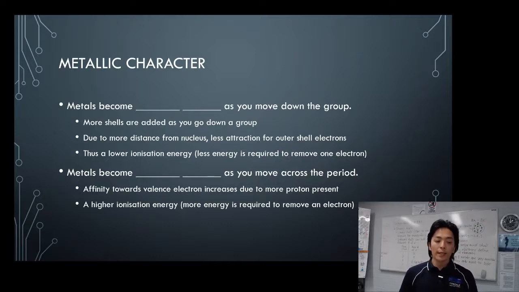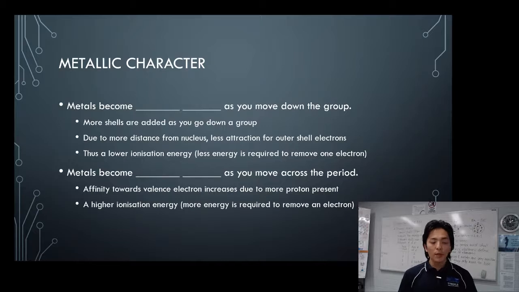More shells are added as you go down the group, and due to more distance from the nucleus, the outer shell electrons will have less attraction. Therefore, there is a lower ionization energy, that is, less energy is required to remove 1 electron. That means the elements lower down in the group have a lot more reactivity.